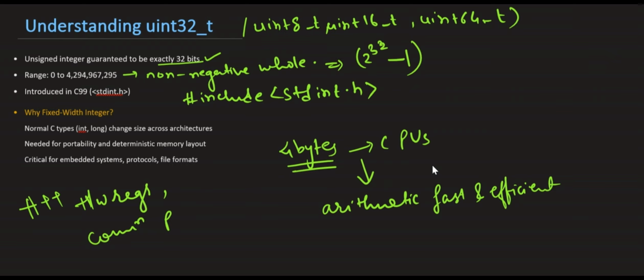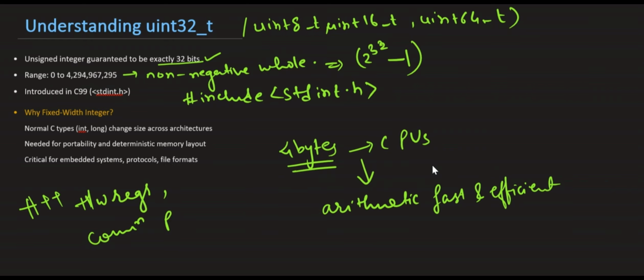Hence uint32 is widely used. 16-bit is also used widely, based on the registers we are using. We have to cross-verify with the data sheet to understand if it is a 16-bit, 32-bit or 8-bit register, and based on that we make the changes and use that particular register.